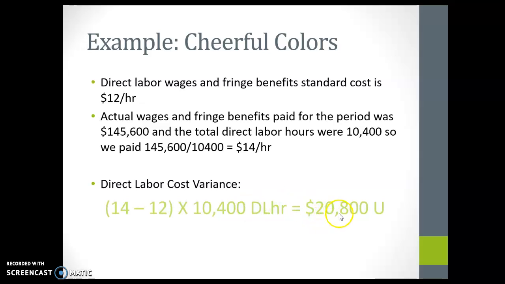And that equals $20,800. Now, because our actual cost is more than our standard cost, this is going to be unfavorable. Okay? It cost us almost $21,000 more in direct labor costs because we paid $2 an hour more on average.